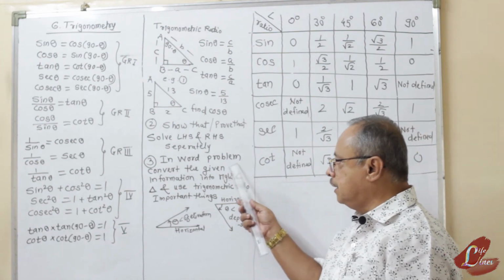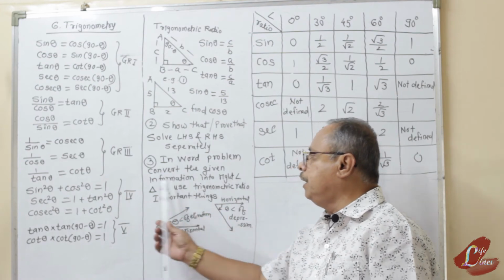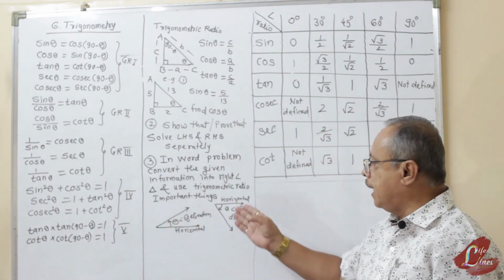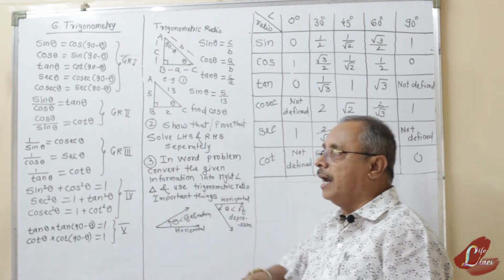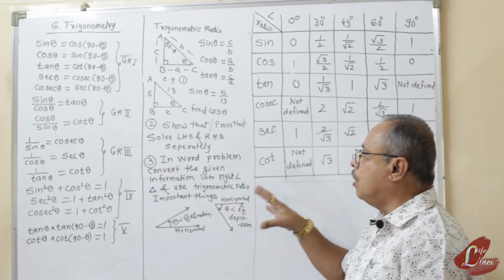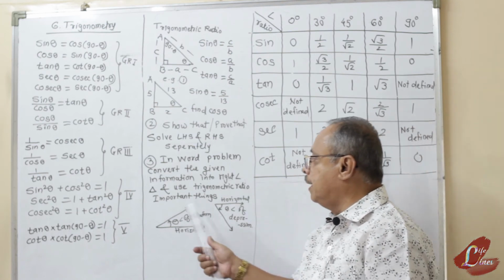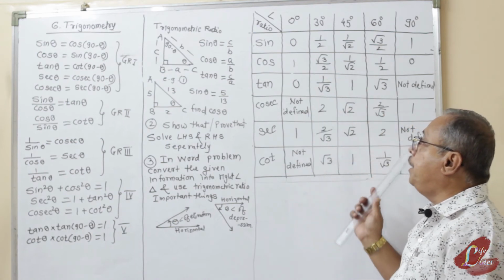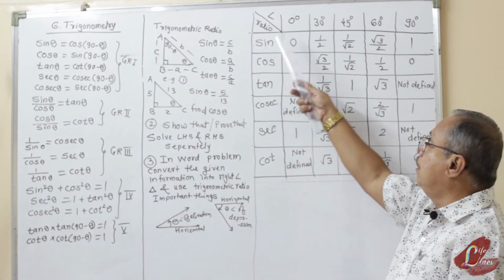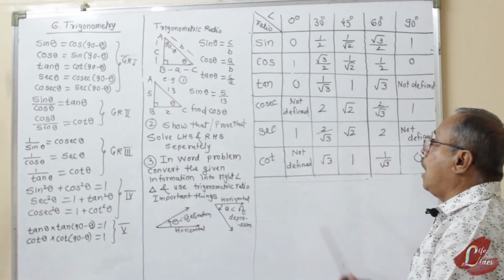While solving this, we have to read the given example, convert the given information into a right angle triangle and use the trigonometric ratio, so that you will get the answer, and substitute the values like √3 and other things in the given example. Here some trigonometric ratios for the 0, 30, 45, 60 angles are given.